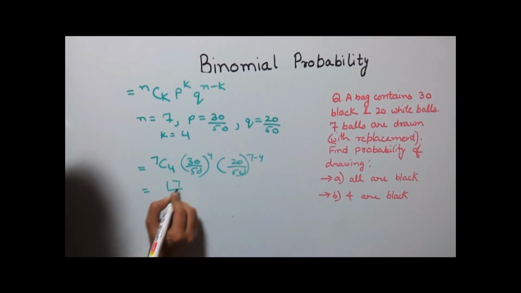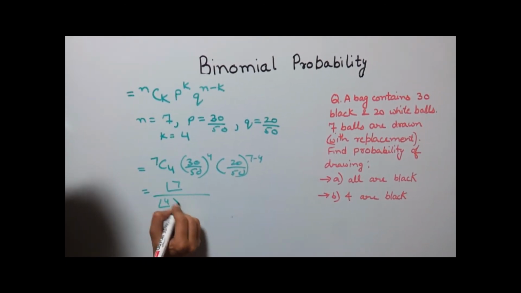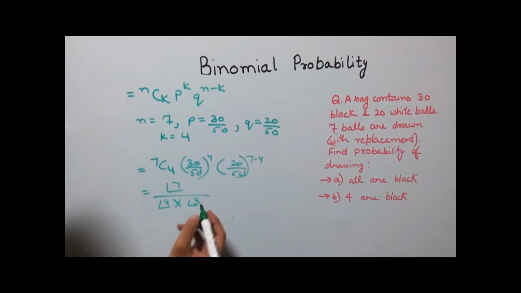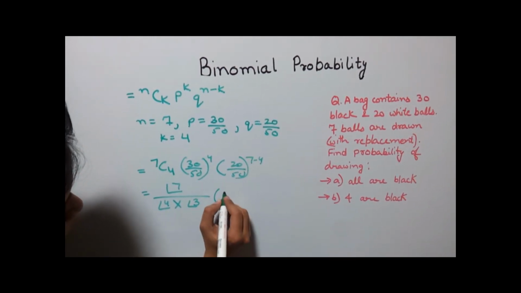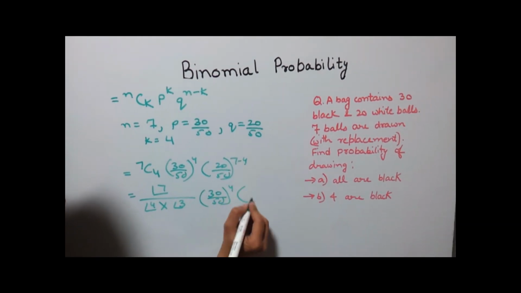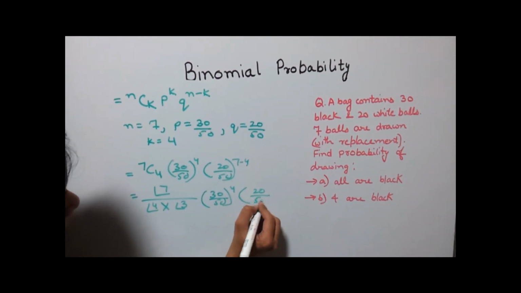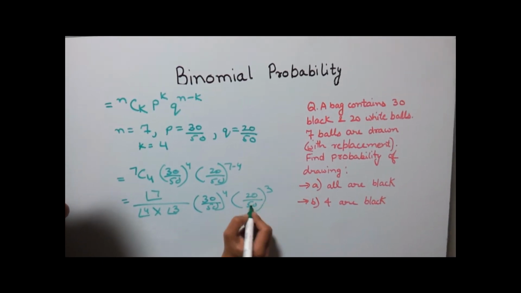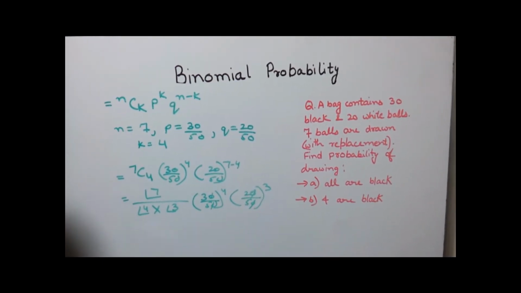This will give us factorial 7 divided by factorial 4 into factorial 3, into 30 by 50 to the power 4, 20 by 50 to the power 3.